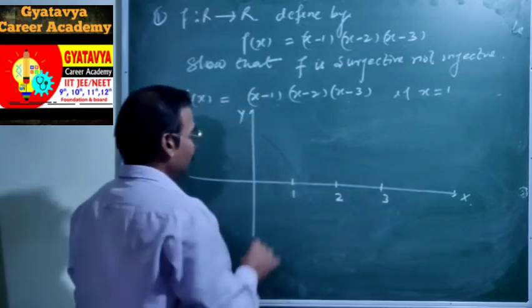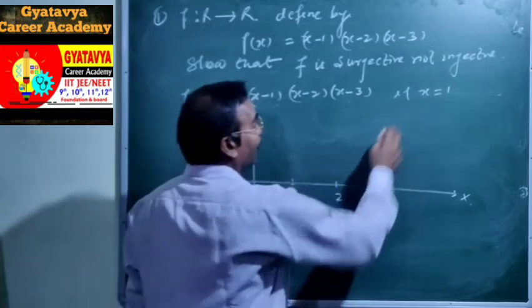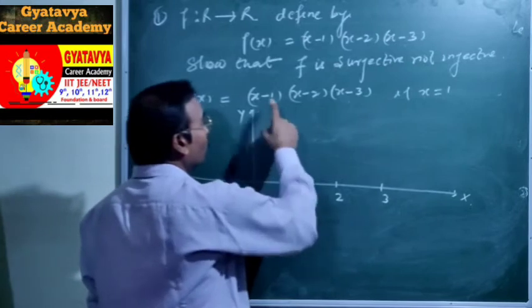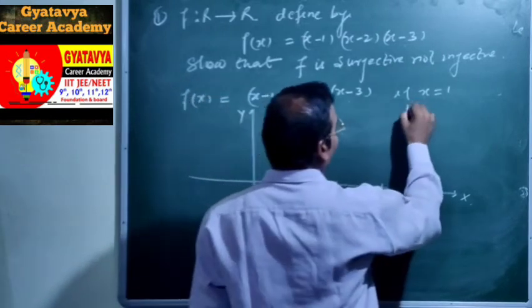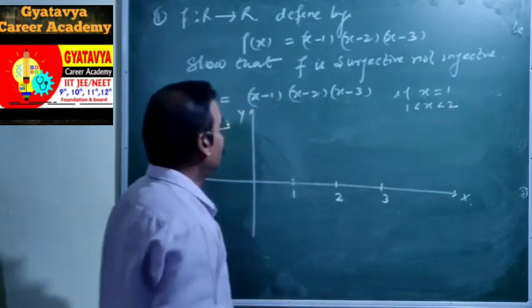So if we take x between 1 and 2, that is, 1 less than x less than 2, then what will be?